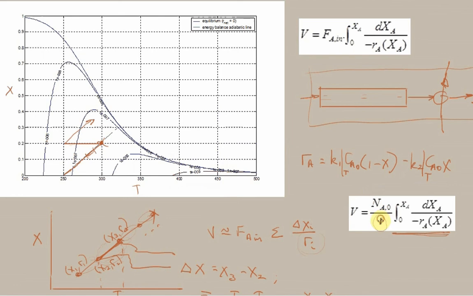So we do have to choose the time that we want one cycle to take. So if we want to accomplish a conversion XA within time t, so let's say we specify 2 hours, then we fix those values and then we perform this integration much like we did for the PFR, and that will tell us how big the batch reactor needs to be in that case.